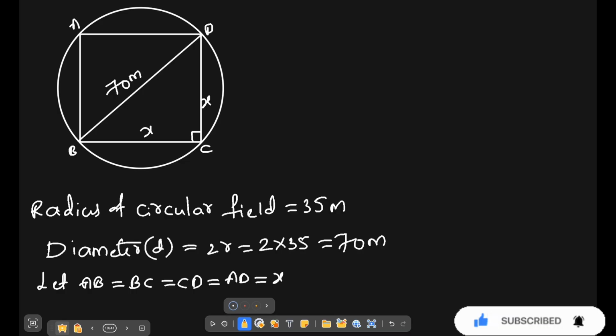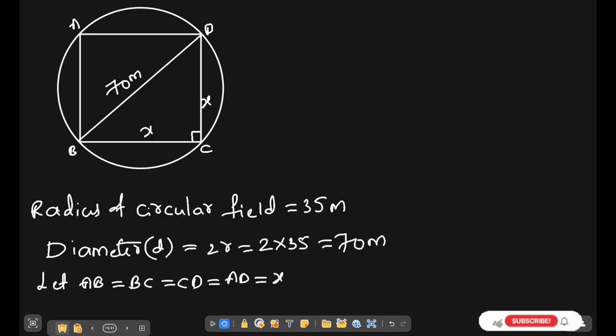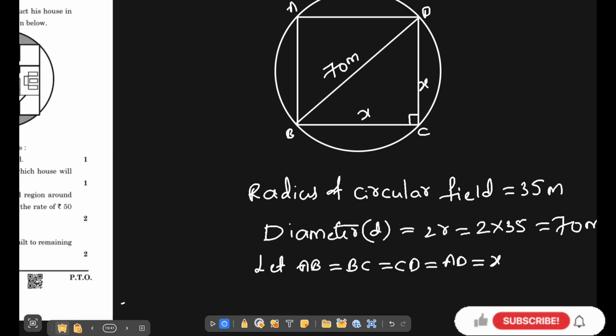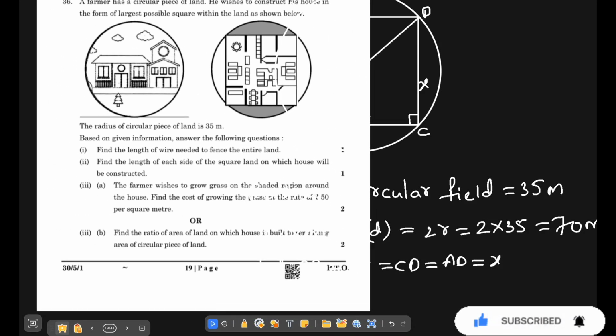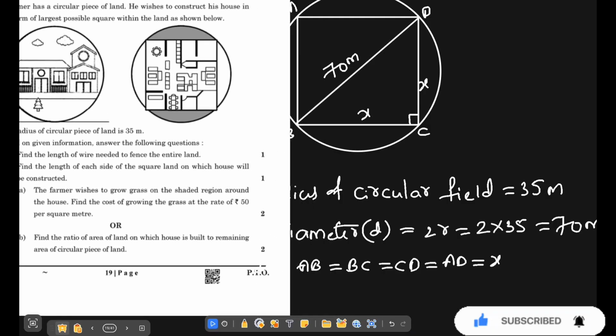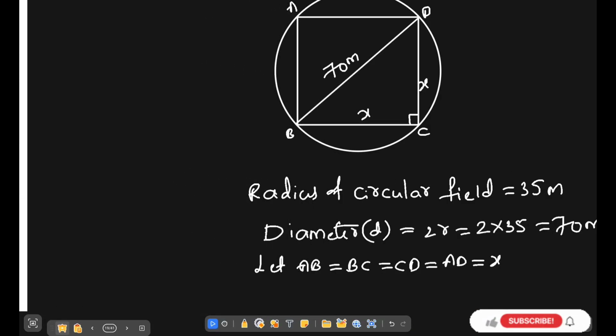So let's go back to the first question. What is the first question here? Find the length of wire needed to fence the entire land. Means we have to find the circumference of the circle.